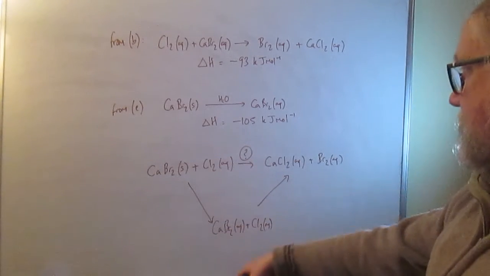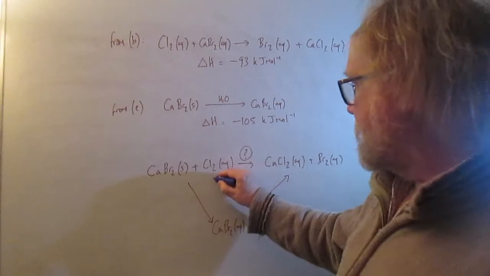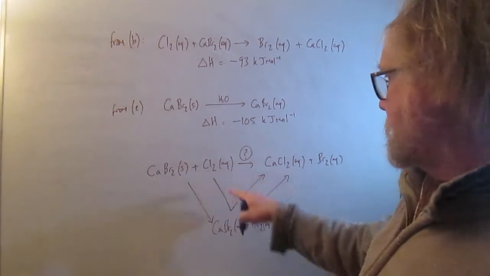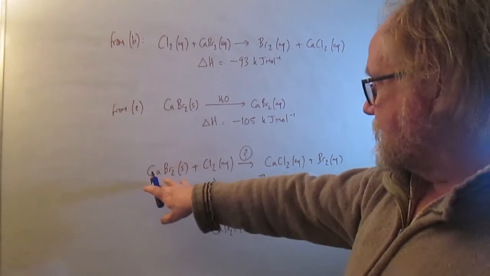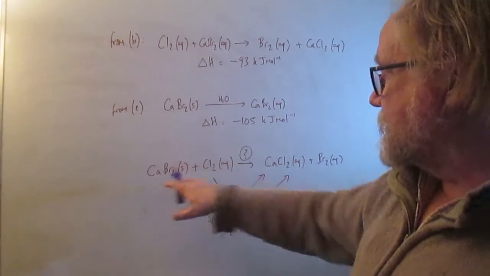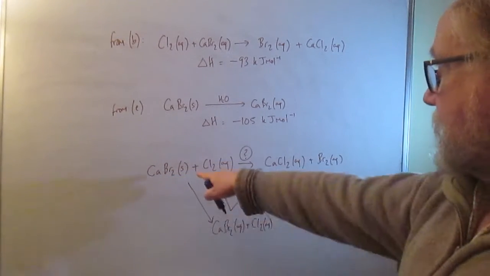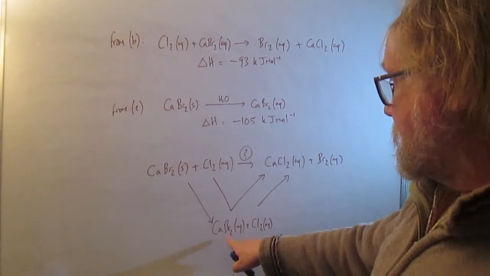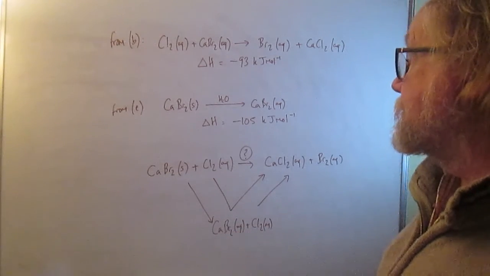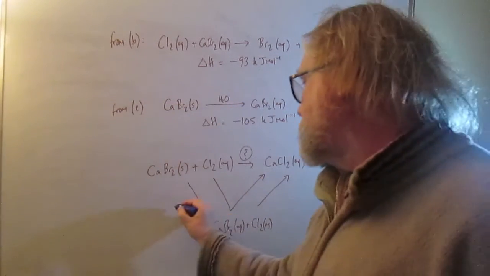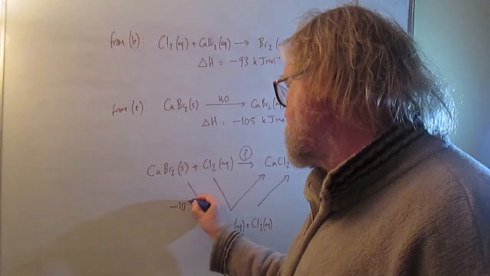Okay, so we're just simply doing the normal Hess's law thing and saying, right, that is the pathway that leads to the overall change we're looking for, adding solid calcium bromide to aqueous chlorine. The first step is just the dissolving of a mole of calcium bromide, so that's this one, is minus 105.